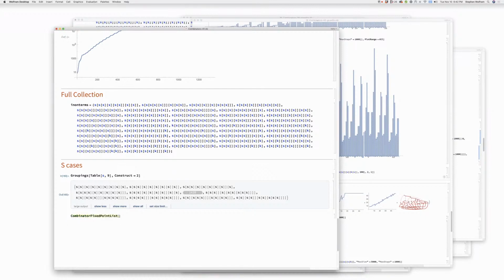So what I want to do is find the ones that have not terminated after a certain period of time. So do we have that combinator terminated queue? Yes, and that uses the standard evaluation. Okay, so if we say combinator fixed point queue, max size.